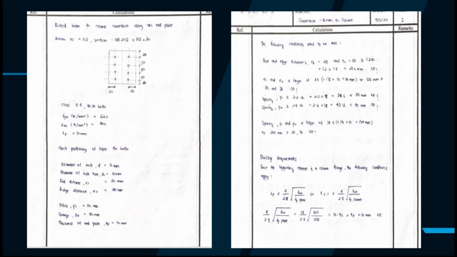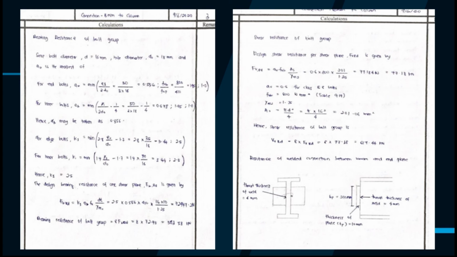For this design, we get pitch and gauge less than 140 mm, which is okay for its spacing. Next, we check for the bearing resistance and shear resistance. So then we get the shear, which is 670.44 kilonewton.